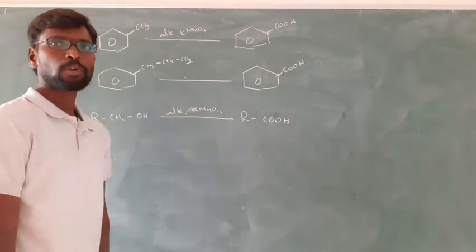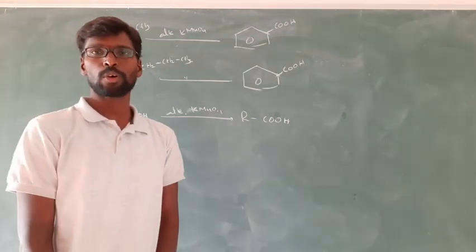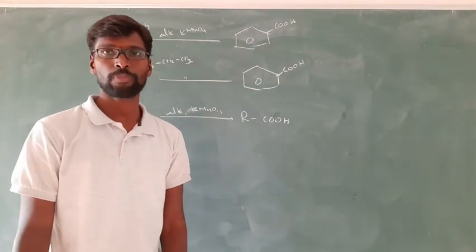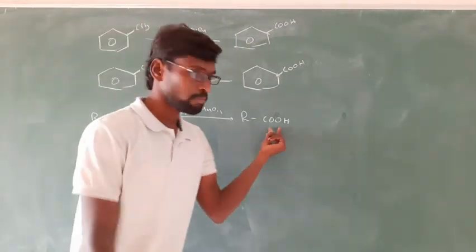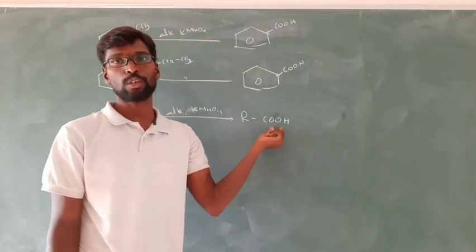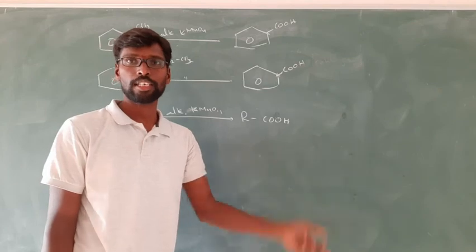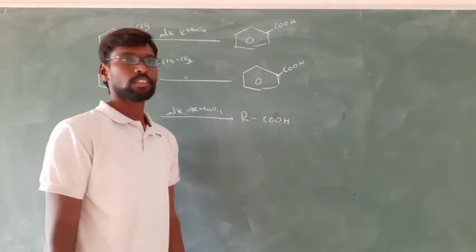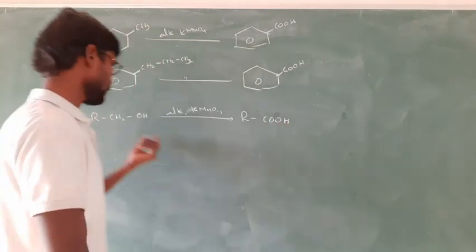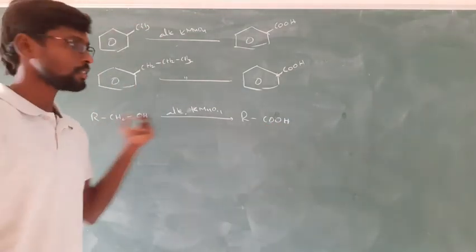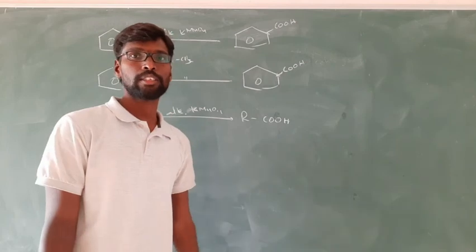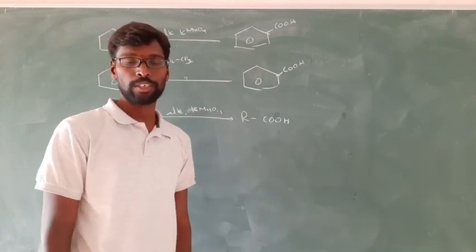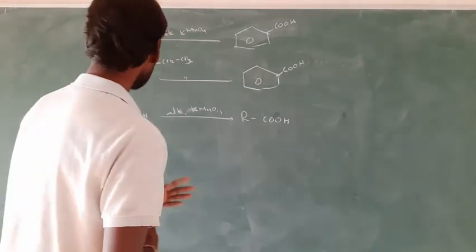That means carboxylic acid is the final oxidized product of all these compounds, because more oxygen is present in the functional group, so it is a highly oxidized product. If you do further oxidation, the compound will directly decompose, and finally you will get carbon dioxide.